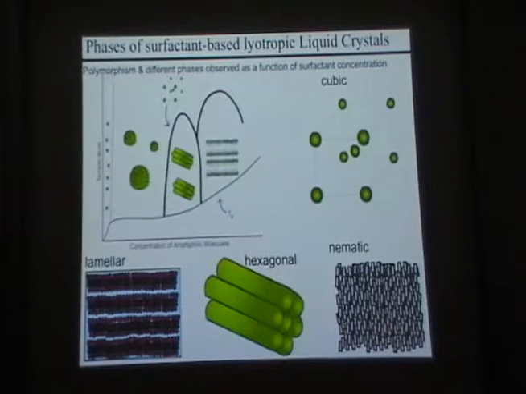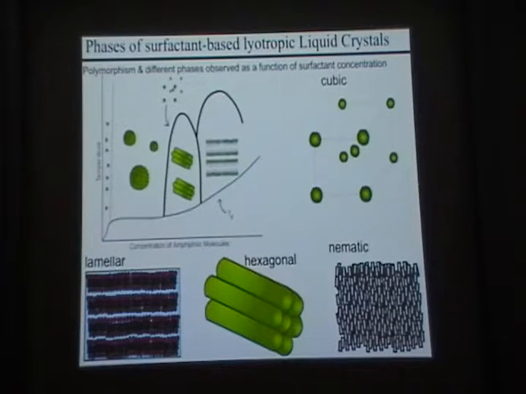So for example, in the case of the micelles, cylindrical micelles, you can form hexagonal phase and you can form a nematic phase. You can form a lamellar smectic-like phase out of bilayers.